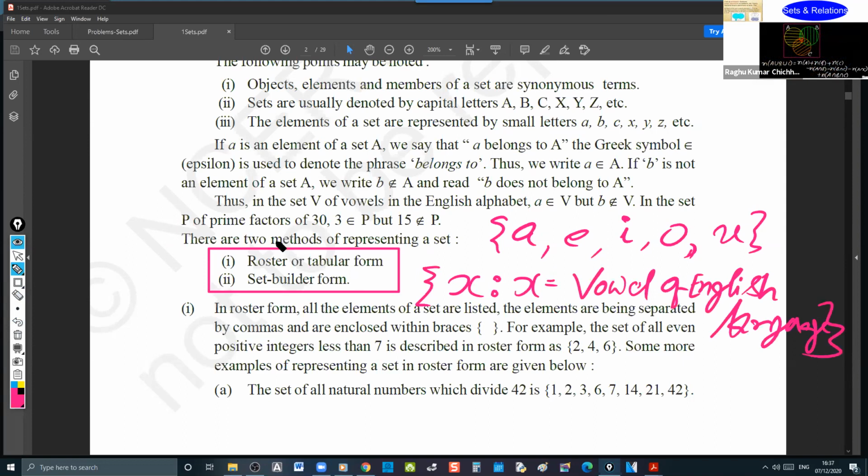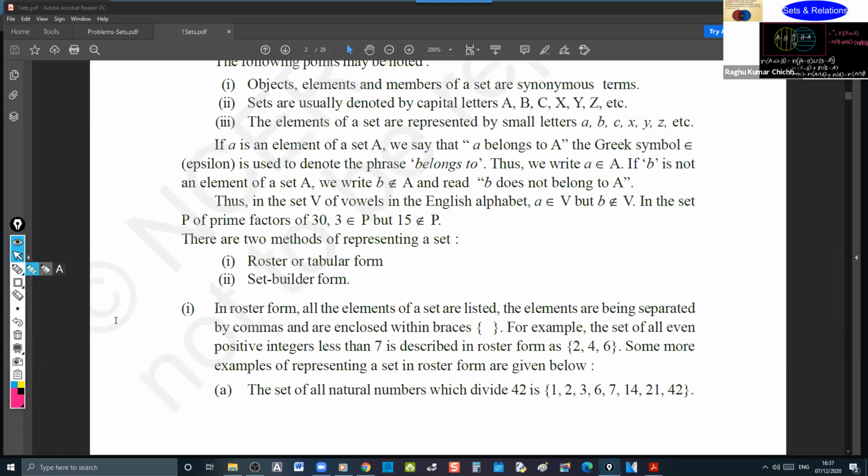So these are the two different forms you must understand in the case of set theory. And in either of these two forms, the sets will be denoted. Generally, they are denoted in flower brackets. The flower brackets always represent the set notation. Understand it, please.